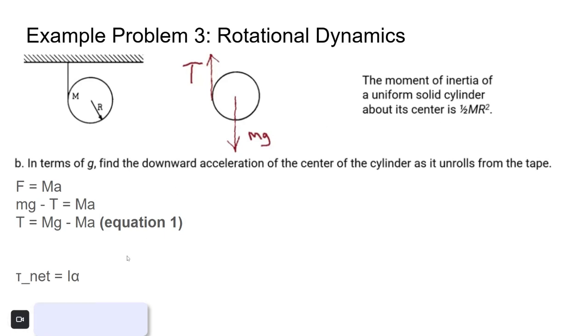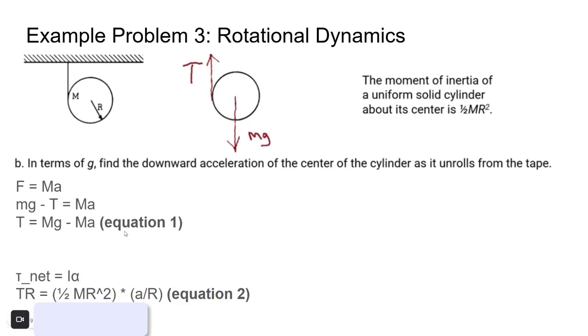So we can plug that into I. And for alpha, remember from angular kinematics that a equals r alpha. That means we can plug in for alpha a over r. Again, torque net is given by rF sine theta. Since sine theta is just 1, then we have the radial distance r times T. So we'll call that equation 2.